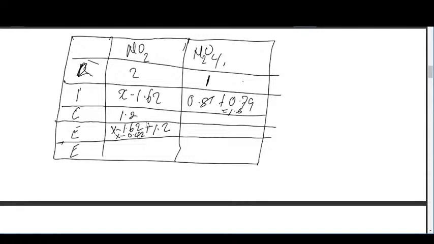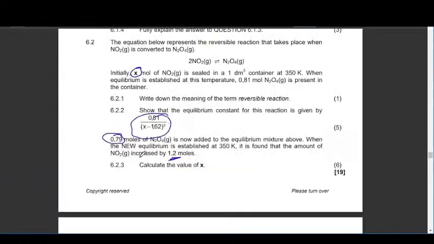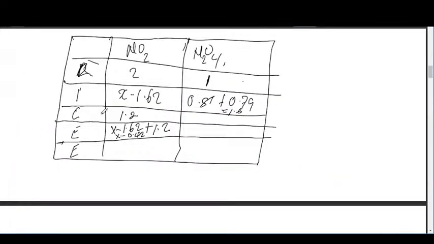Let me check, it increased by 1.2. So that's why this brings up the real aspect: because it was added, I have x minus 1.62 plus this.